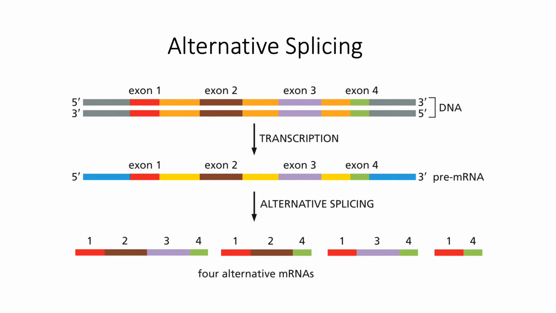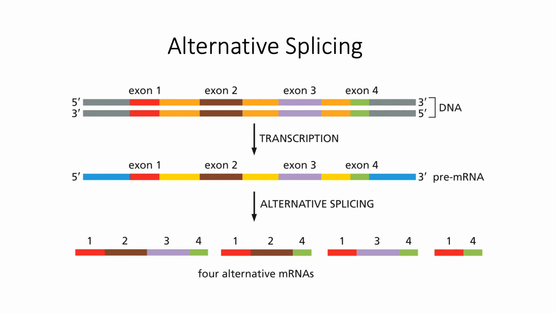Exon 1 red, exon 2 brown, purple, and then green, and the introns which are removed are in yellow. And so ultimately, after transcription, you get the primary transcript where you have everything linked up. That's called pre-mRNA or primary transcript. And what can happen is, in different cells, under different conditions, you can get alternative splicing, which means that the exons can be used in different assortments. And this is illustrated at the bottom.